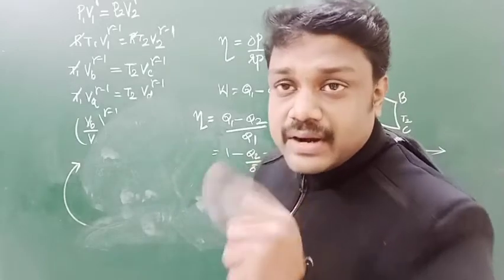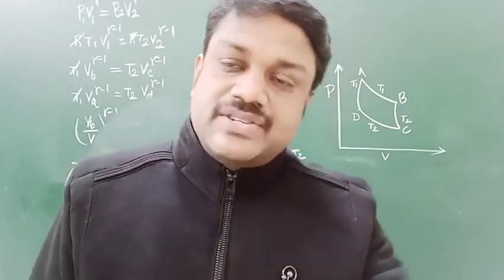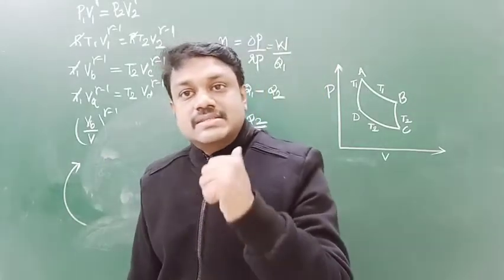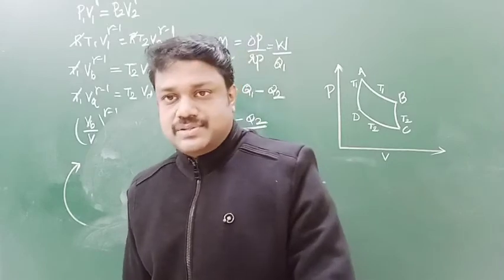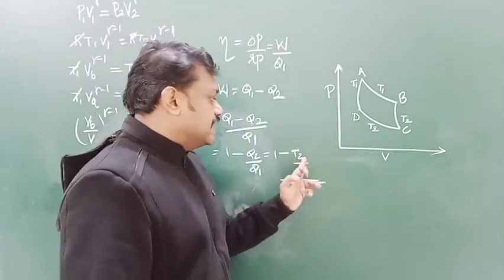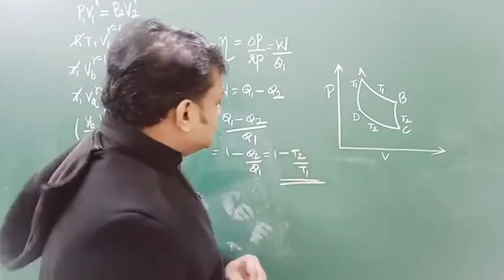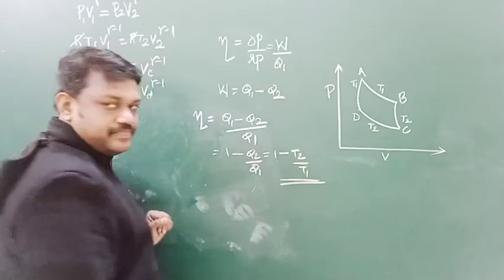What are T1 and T2? I suppose you are remembering. T1 is the source temperature and T2 is the sink temperature. So efficiency is equal to 1 minus T2 by T1.